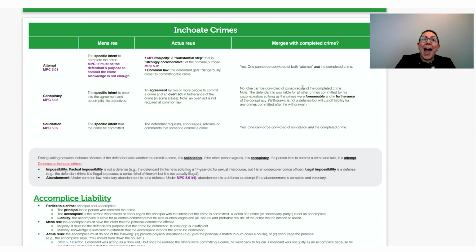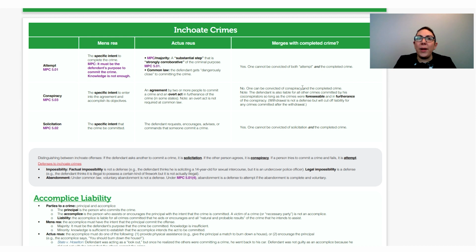So if the defendant actually shoots and kills the victim, now we have a completed murder. This merger doctrine says that the defendant can't be guilty of both attempted murder and completed murder. Once the crime is completed, the attempt merges into the completed offense.